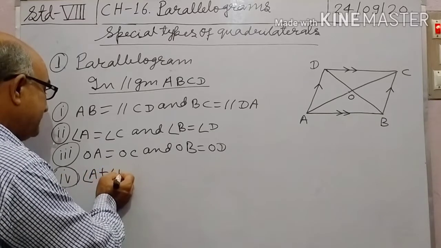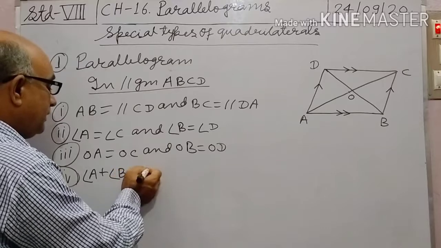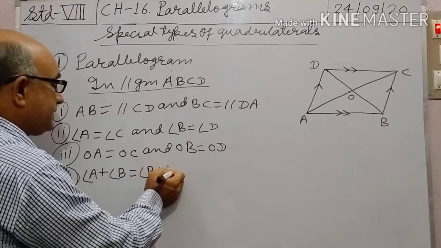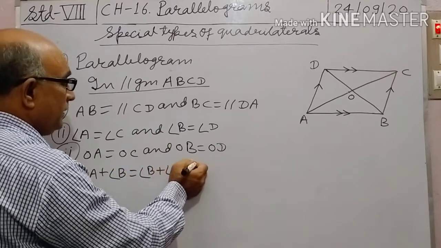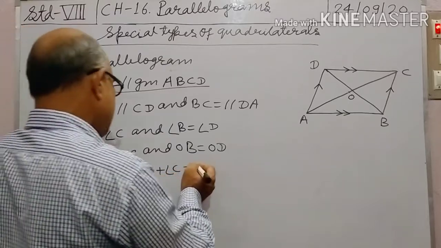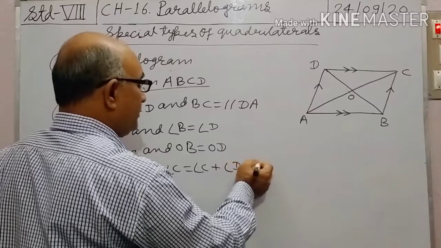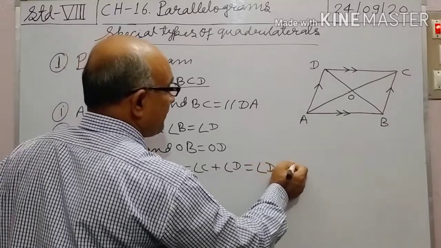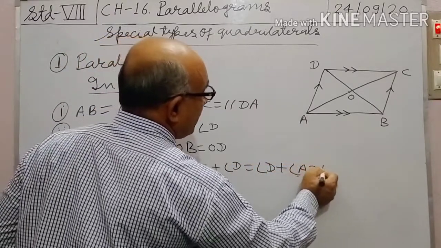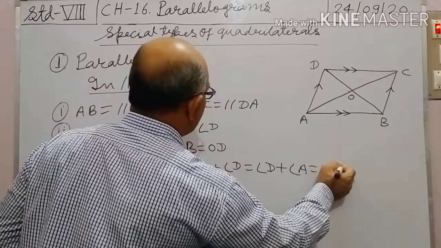Angle A plus angle B equals angle B plus angle C equals angle C plus angle D equals angle D plus angle A equals 180 degrees.